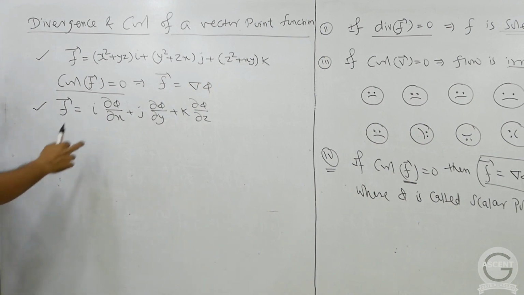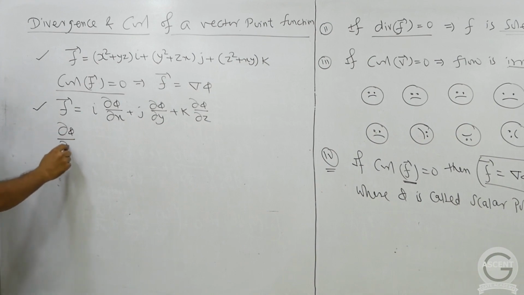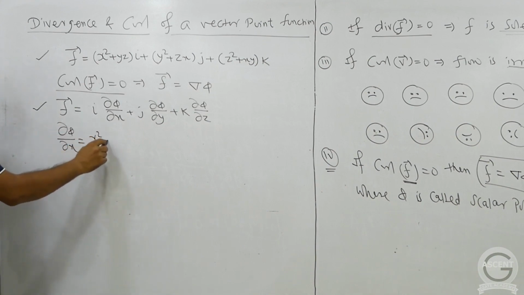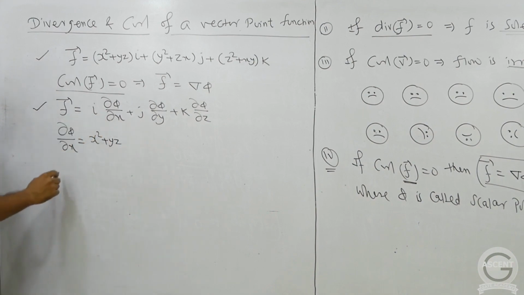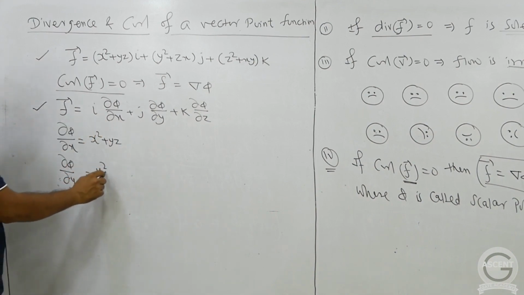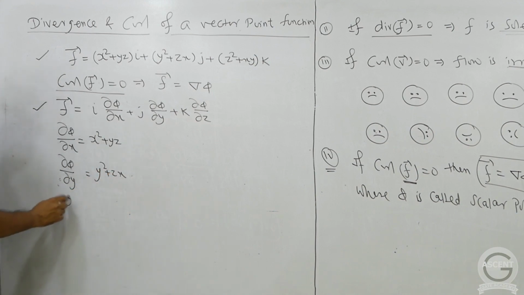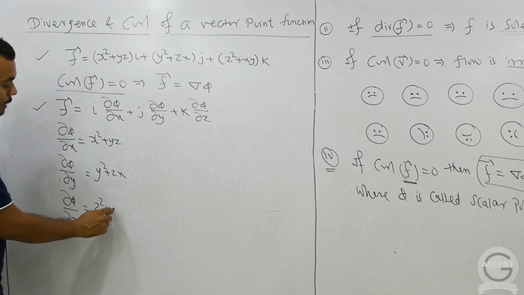So this means del phi by del x should be equal to the x component, so del phi by del x will be x square plus yz. Similarly del phi by del y will be y square plus zx, and del phi by del z will be z square plus xy.